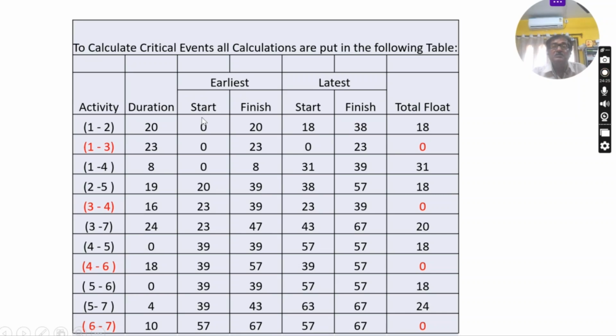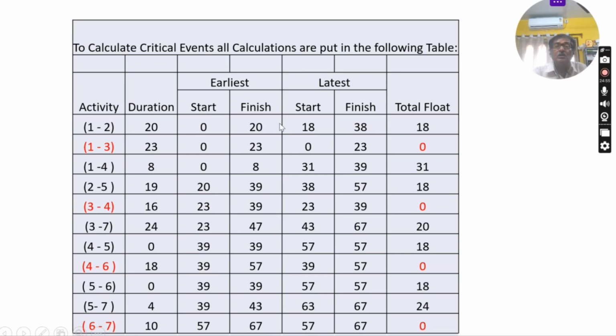And these are the earliest start time, earliest finish time, latest start time and latest finish time. What have we computed? We have computed the earliest start time and latest finish time. Just put all these values from the figure. Then I will discuss and find out the columns earliest finish and latest start. So you have these values.